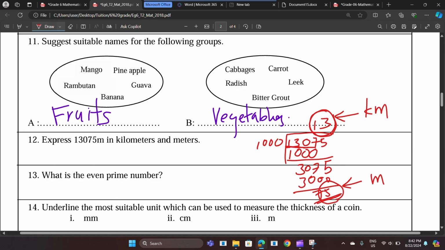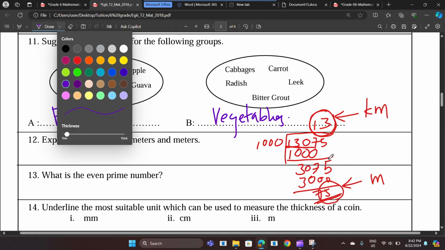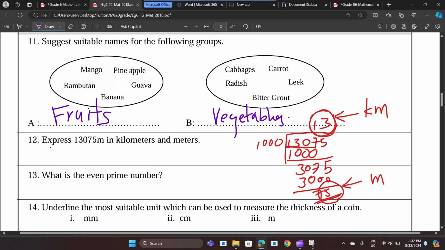So the answer is 13 kilometers and 75 meters. It is okay to put a zero here.